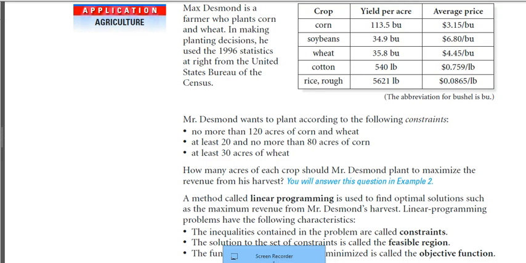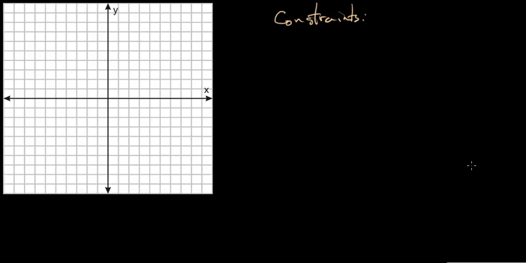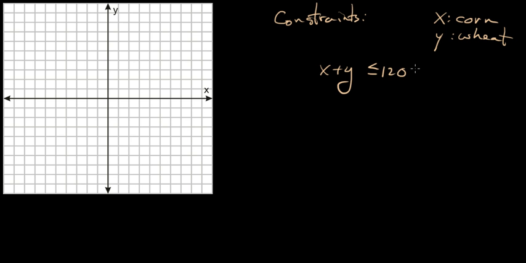So no more than 120 acres of corn and wheat means that x plus y, where x is the corn and y is the wheat, both of them together, we want to be less than or equal to 120 acres.